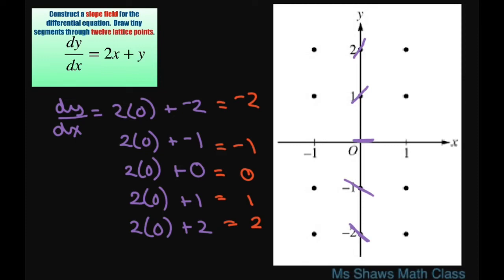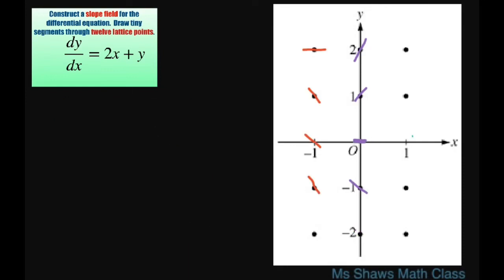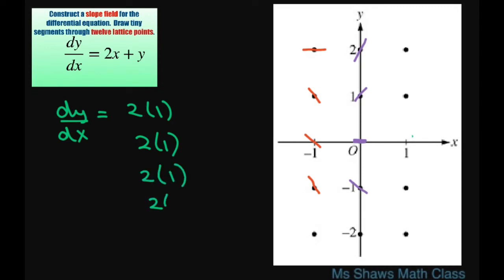All right, and for the last one, we're going to look at x is 1. So for x is 1, we get dy/dx equals 2 times 1. And I'll just keep writing this 5 times. So let's see.